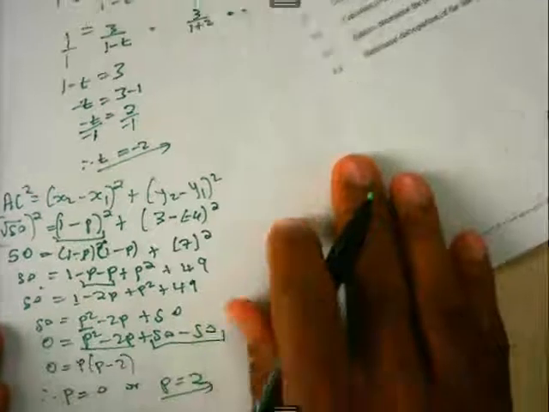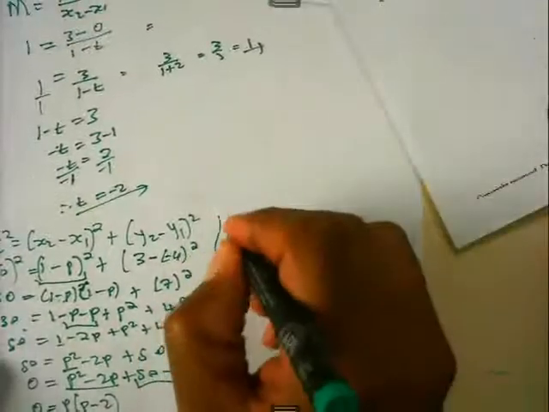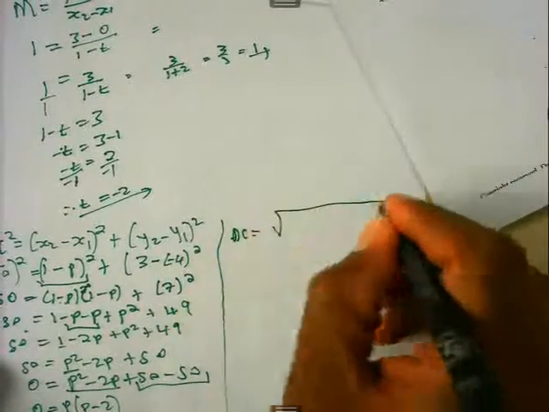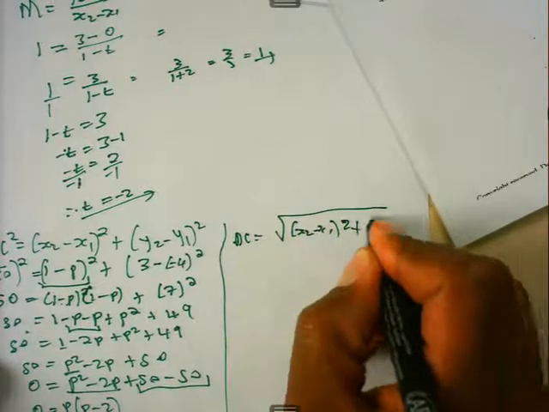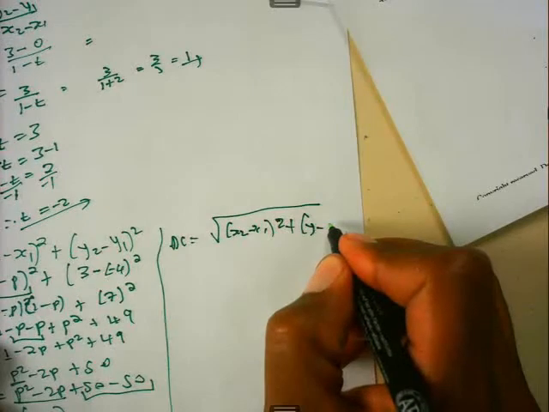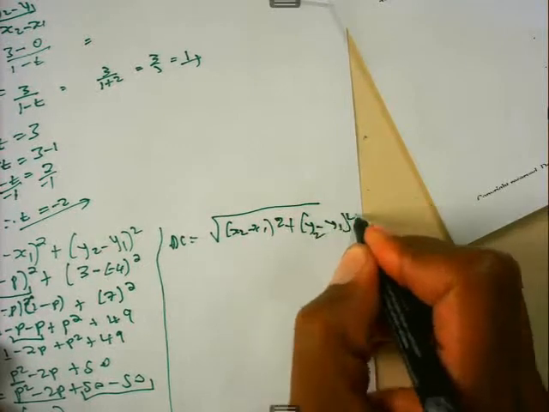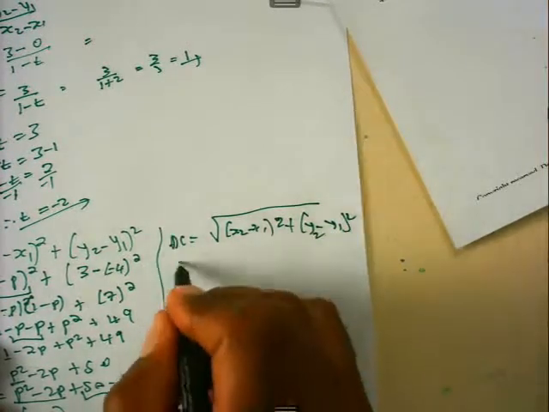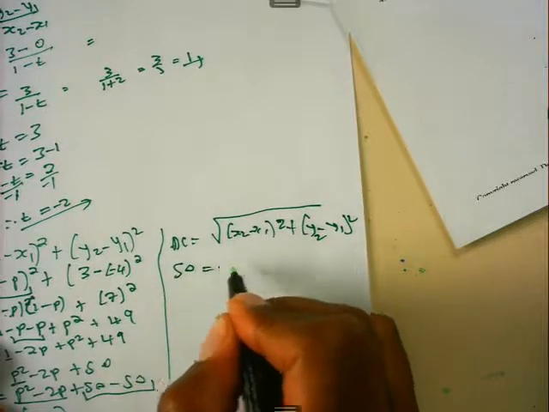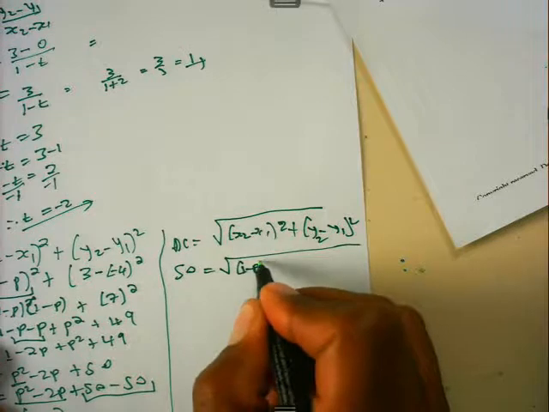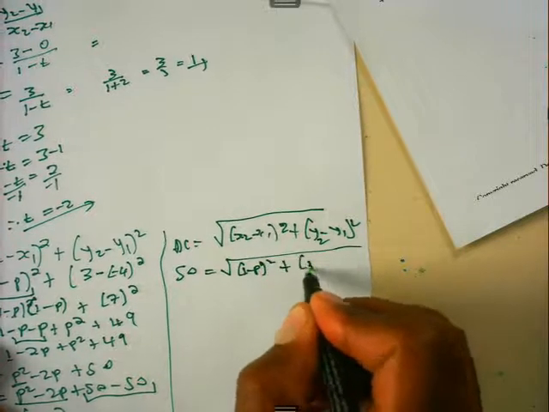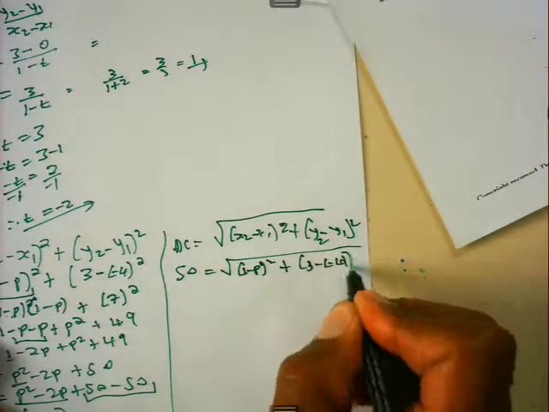Of course, if you have used the other one where you have AC is equal to the square root of x2 minus x1 squared plus y2 minus y1 all squared, then immediately from here you can say 50 is equal to the square root of 1 minus p all squared plus 3 minus 4 all squared.